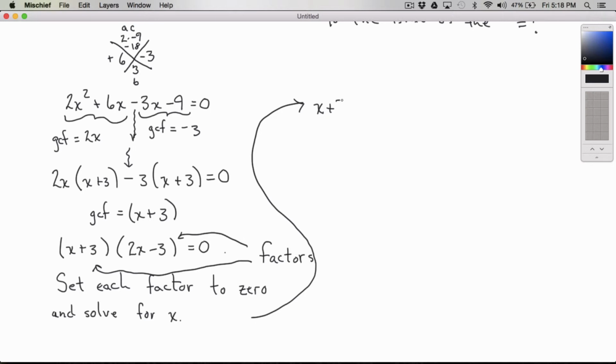I go x plus 3 equals 0, or 2x minus 3 equals 0. Now, solving for x, I subtract 3 from both sides. So one of my solutions is x equals negative 3. My other one, I'm going to add 3 to both sides.